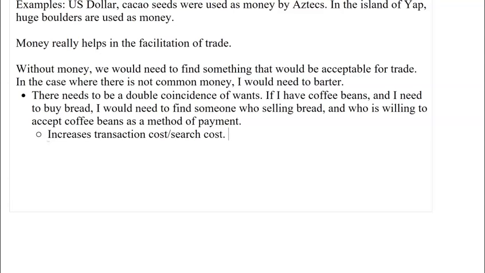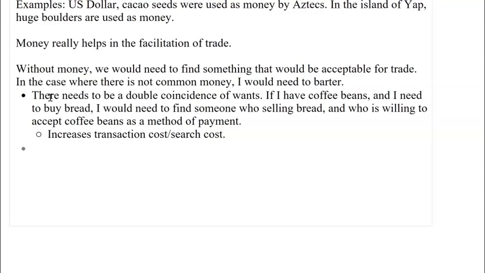So basically, I have to search for somebody, and then I have to figure out the exchange rate. How many pounds of coffee beans equal 1 loaf of bread? And then we have to fix all those things in order to find out if we can trade or not. Now, if there is an acceptable method of payment, it doesn't have to be currency or cash.